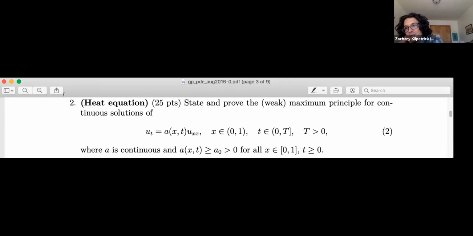The weak maximum principle for heat is just using conditions on what a maximum would be on the interior of the domain, and proving by contradiction that the maximum has to be on the boundary.